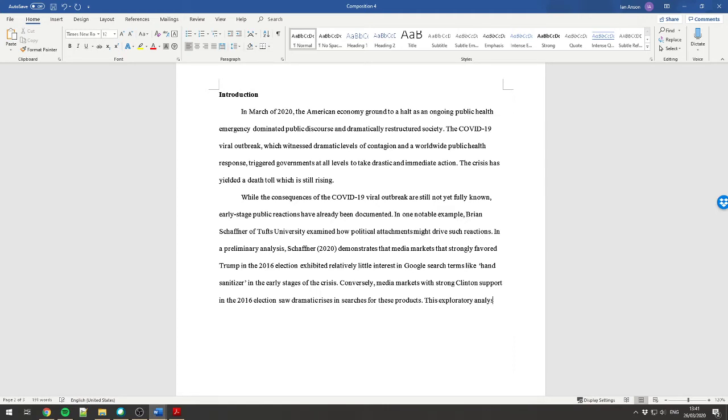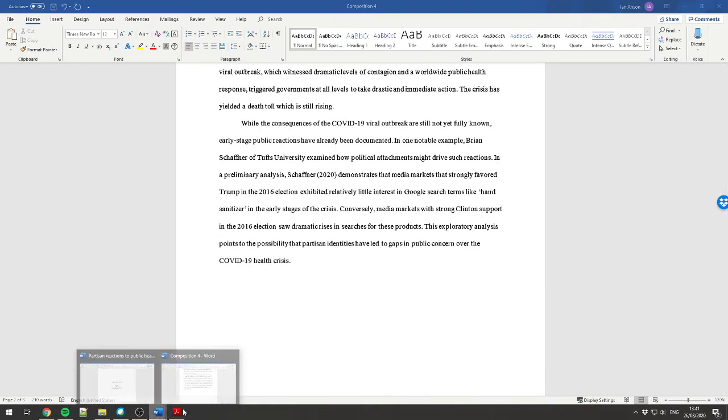This exploratory analysis points to the possibility that partisan identities have led to gaps in public concern over the COVID-19 health crisis. And so, of course, we want to go back to our outline.